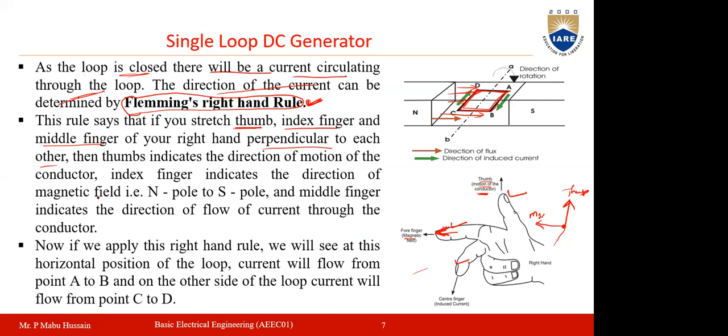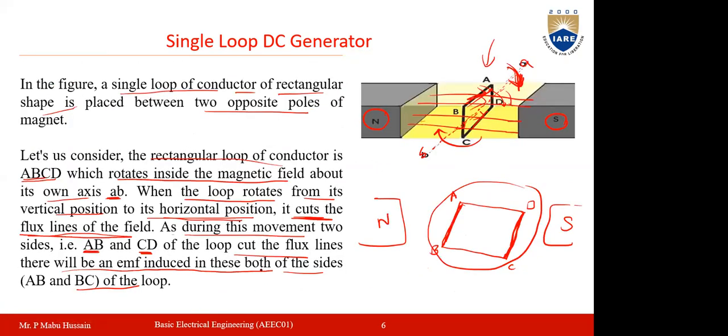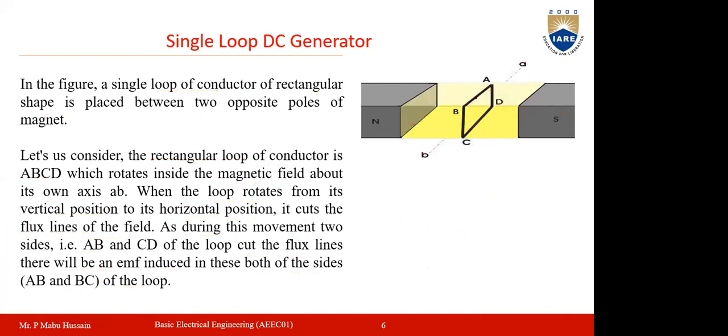As I said in the previous slide, I will erase this so that you can understand. This is the rectangular loop, rotating about this AB axis. Now it is in vertical position.